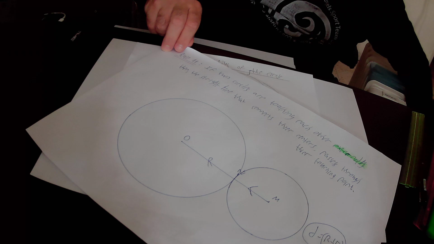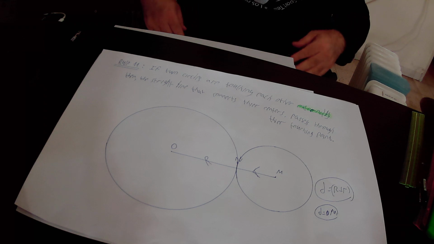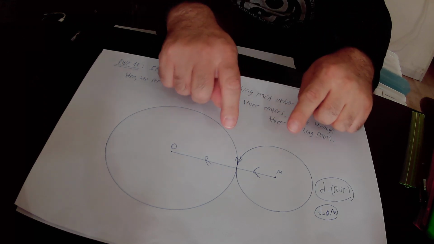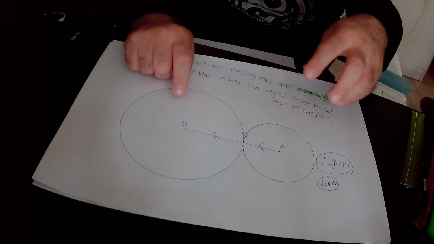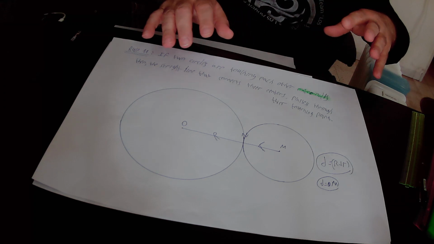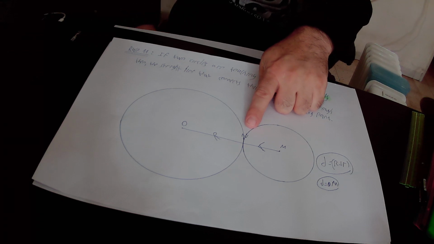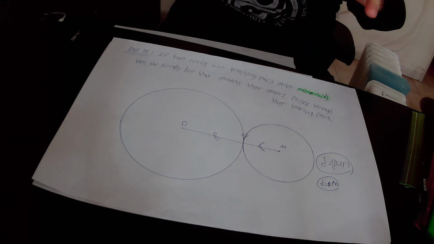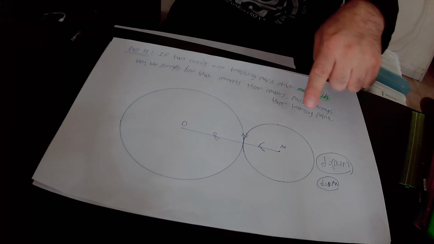According to rule number 11, if two circles are not one inside the other, they are touching each other externally. Why? Because each of them is not located inside the other, therefore they are touching each other externally at point N. So they have an external notch between them at point N. According to rule number 11, the straight line that connects their centers together must pass through their touching point.